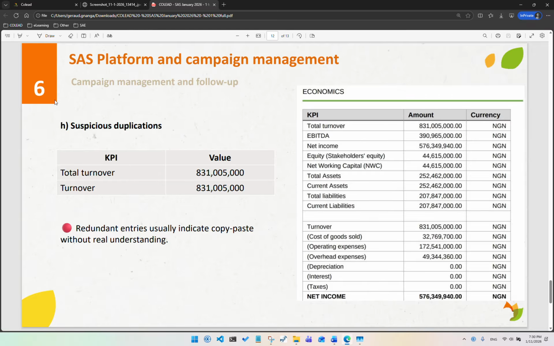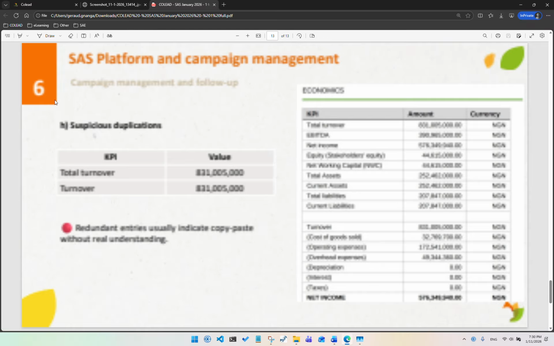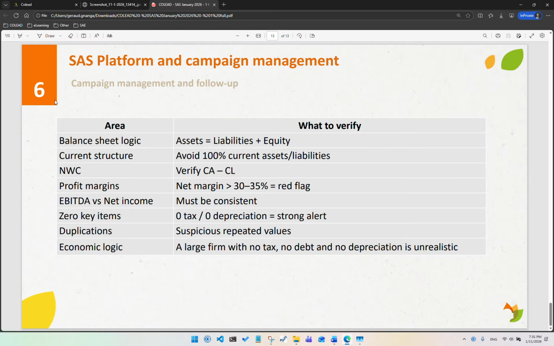When such issues are detected, you may ask the company to review its figures and provide the financial statement used as a basis.